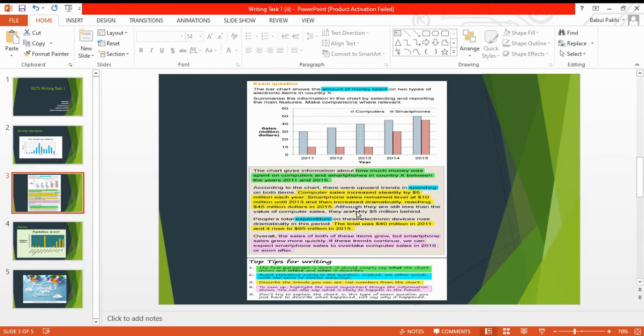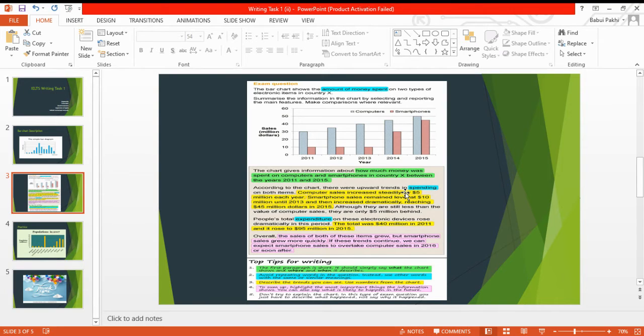So we can see that here we have two or three body paragraphs, and in each of the paragraphs we give some information. We illustrate different points very elaborately but in a consequential way, so that we can elaborate every point of this graph in a constructive way.